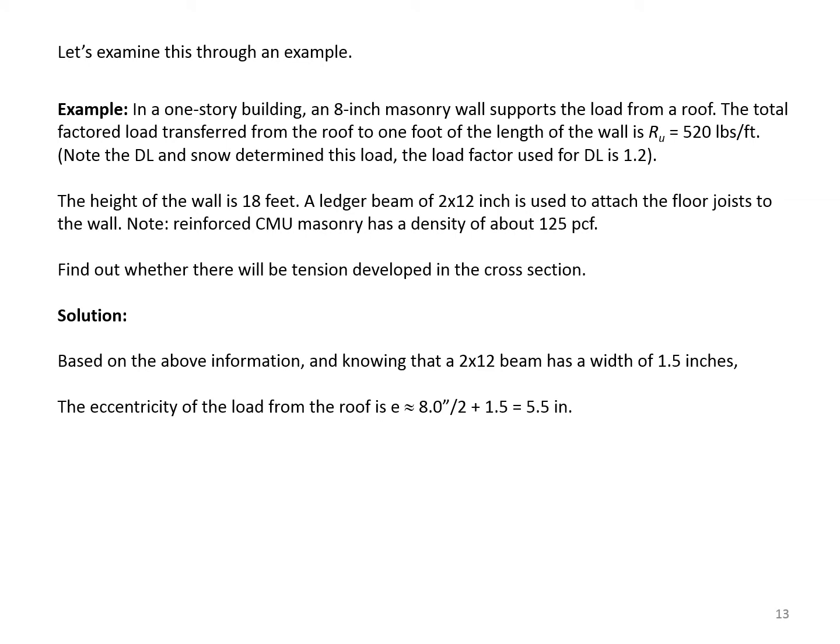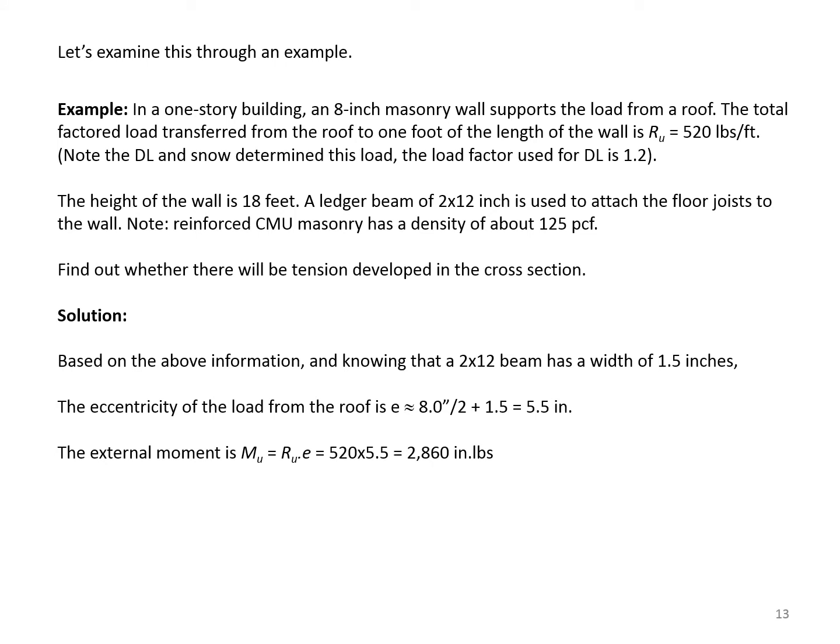Based on the above information and knowing that the 2 by 12 beam has a width of 1.5 inches, the eccentricity of the load from the roof E is equal to 8 inches divided by 2. Remember, 8 is the thickness of the wall, plus 1/2 an inch, which is the effective thickness of the ledger beam. So the eccentricity of the load is 5.5 inches.